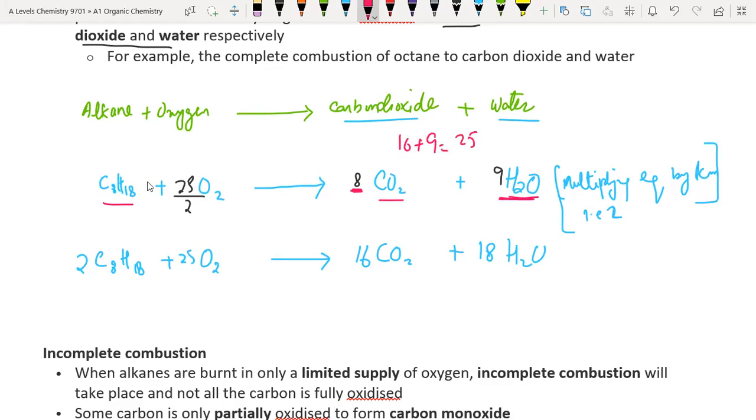So 25 divided by 2 oxygen are being used in this reaction. For balancing the reaction, we have to multiply the denominator as the LCM to the whole equation.